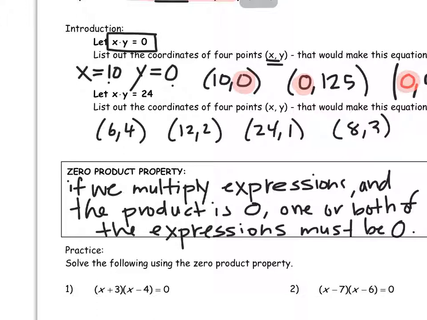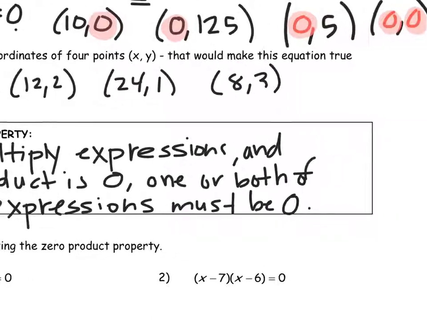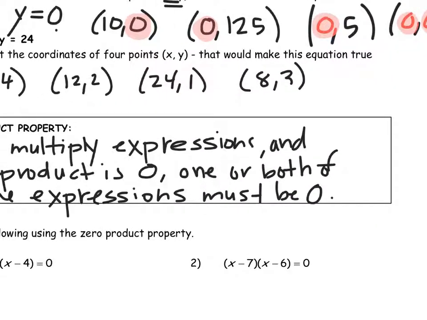If we multiply expressions and the product that we get is 0, one or both of the expressions must be 0. And I like to write this right next to it over here. I like to write what this would look like. So when I say expressions, I mean we could have anything in parentheses multiplied by something else in parentheses, and we get 0. If that happens, one or both of those must be 0.